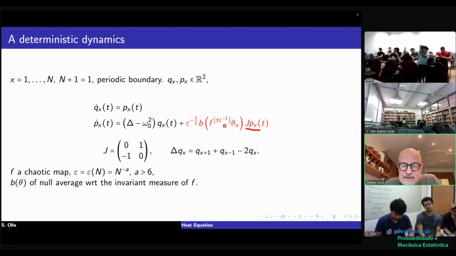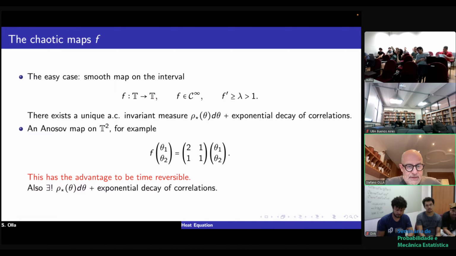The advantage of the cat map on the torus is that it is also time reversible. That means we are putting a perturbation of the Hamiltonian dynamics that is deterministic and time reversible, in the sense of dynamical systems. The smooth map on the interval is deterministic but not time reversible.